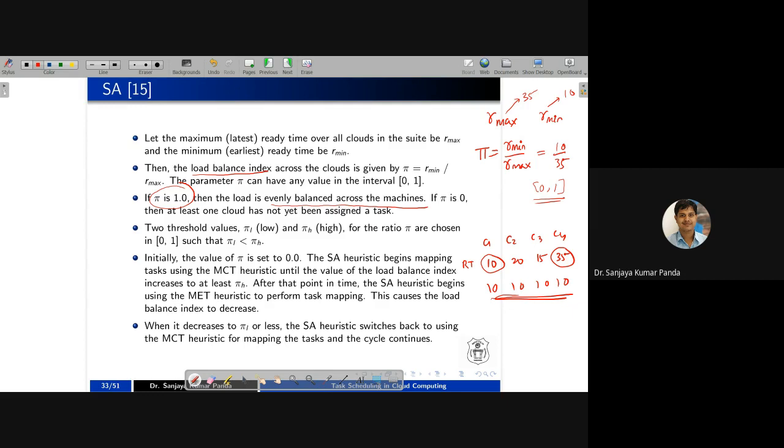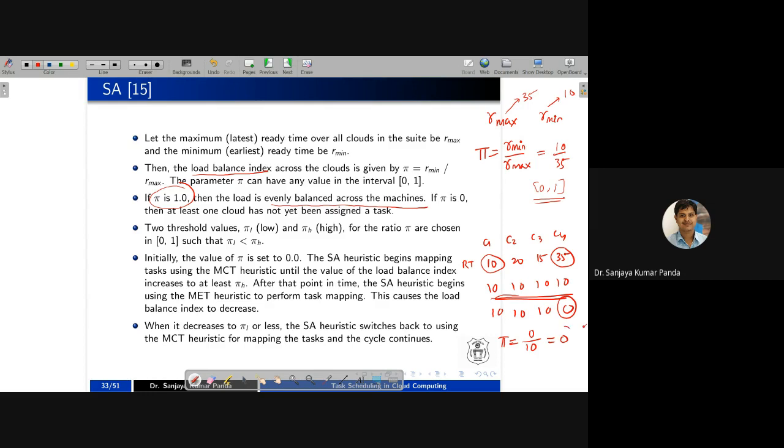But if pi is equal to 0, let's say 10, 10, 10, 0, Rmin is 0, Rmax is 10, so pi is 0. So if pi is 0, then at least one cloud has not yet been assigned a task.